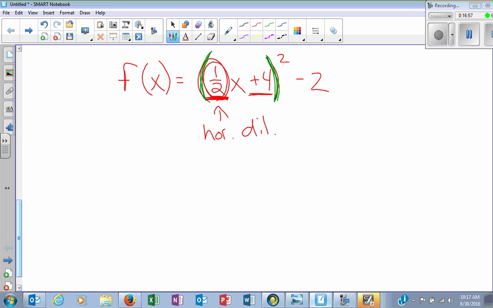What did I call it? Yes, just 2 minutes ago. A 1/2 I called a compression, on the outside, remember that? If it was vertical, between 0 and 1, I called it a compression. But since it's inside these parentheses, this is going to be a horizontal stretch.